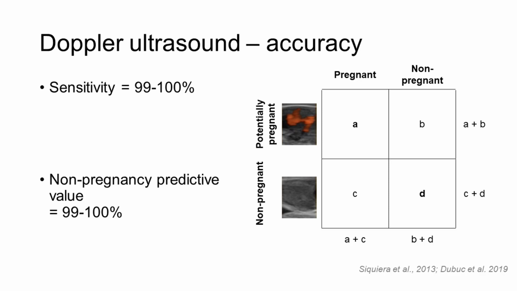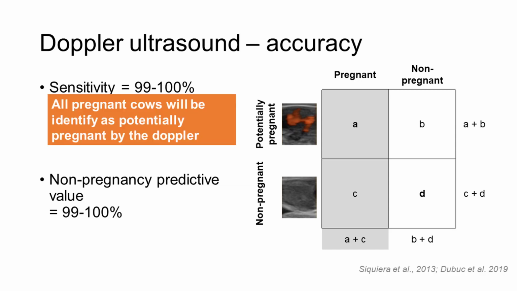The reference test, in this case, is the pregnancy status, and the studies use the status at 30 and 32 days post-insemination. The sensitivity is then the ability of this test to identify cows as pregnant. Consequently, it is the probability that the pregnant cows are identified as potentially pregnant by the Doppler ultrasound.